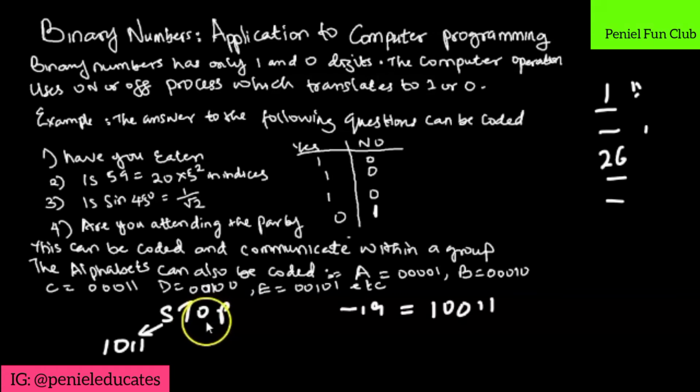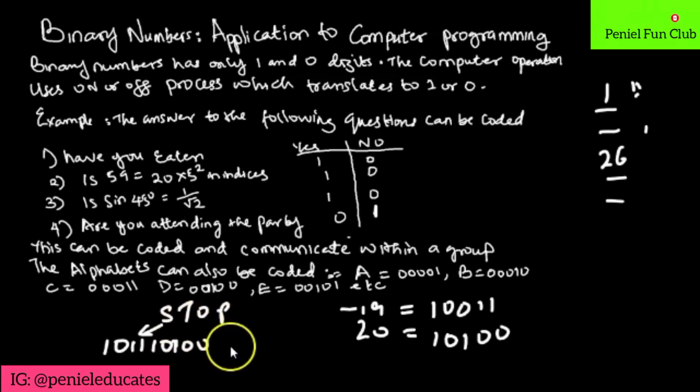T is just next to it, which is 20 on the alphabet table. If you convert 20 to binary, that's 10100.